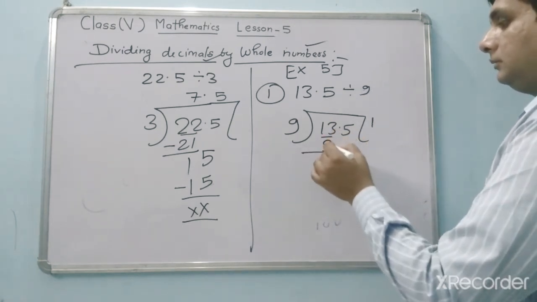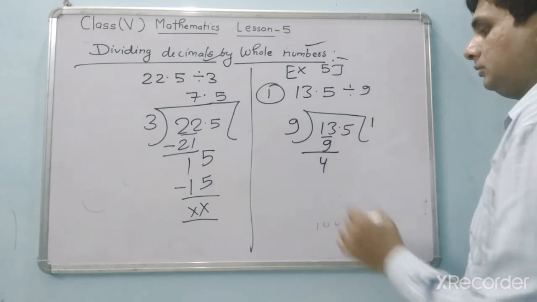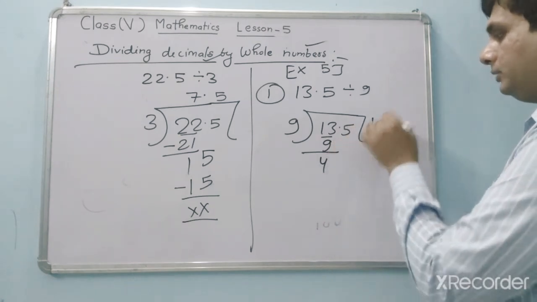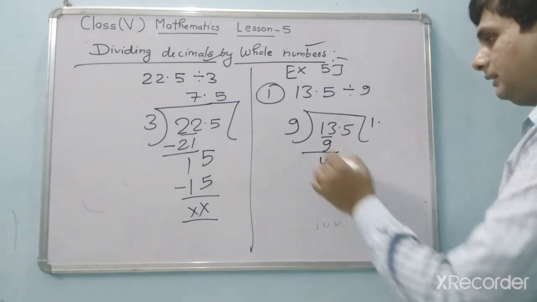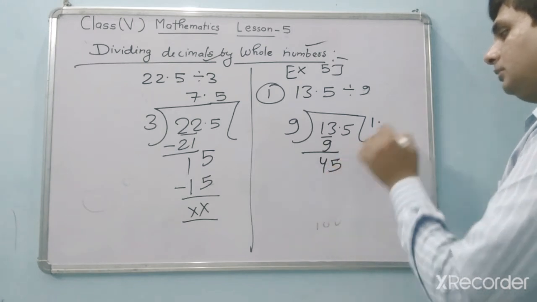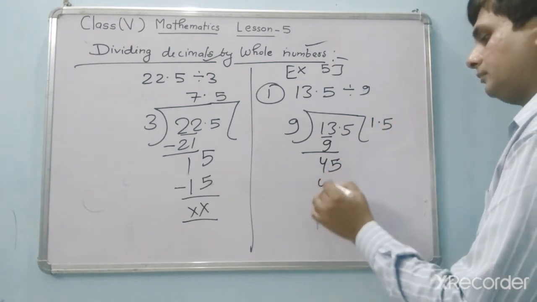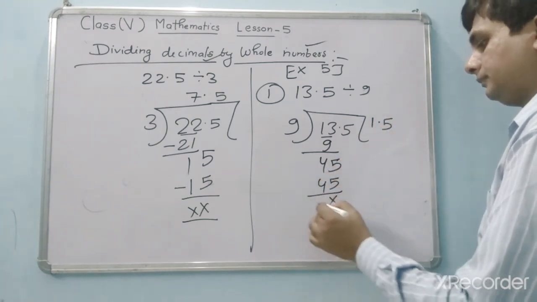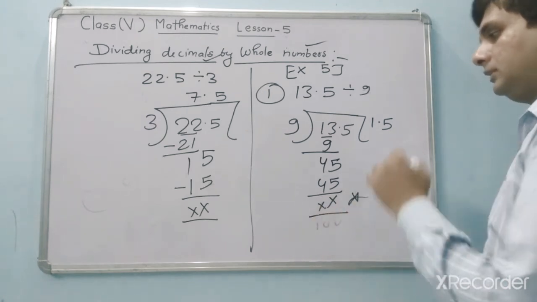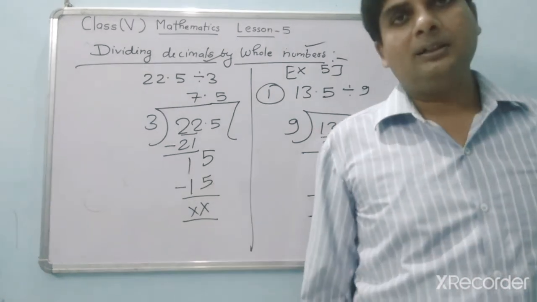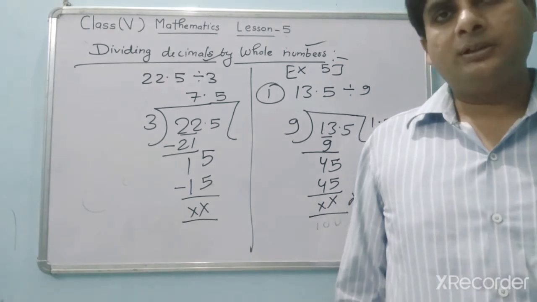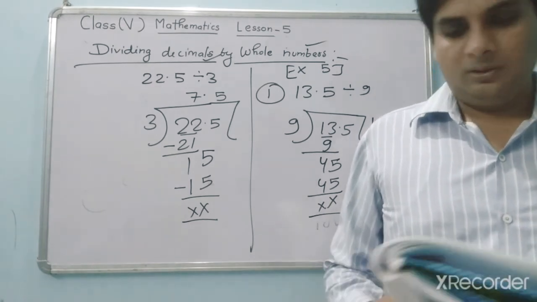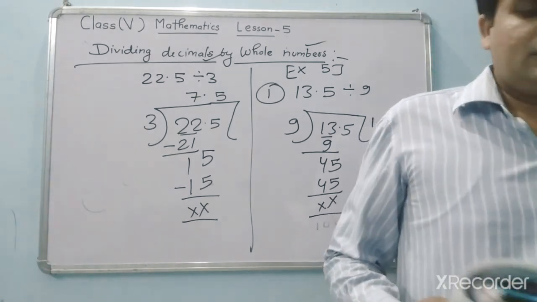What will be here? 4. After 4 the decimal is there, so put the decimal here. Then write 5, that is 45. See, your answer. Clear? No confusion? This is the way you can divide.